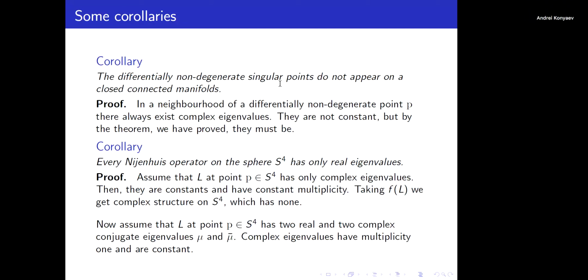Spheres of all other dimensions, including the four-dimensional sphere, cannot have an almost complex structure. Well, the dimension is even, right? It's not odd. So if it's even, then you have two-dimensional, four-dimensional, 6, 8, and so on.